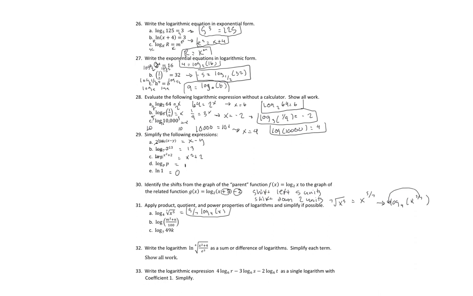This m squared plus n is being divided by 100, so we can say that this is log of m squared plus n minus, because it's being divided, log of 100. And that log of 100 can actually simplify down even more. So then we're left with log of m squared plus n minus 2, if you put that in your calculator.